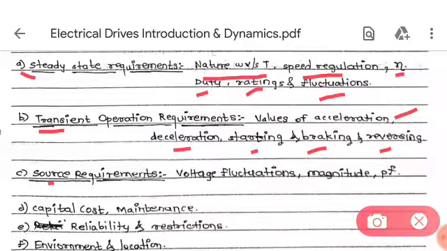Then another, source requirements. From the source point of view, voltage fluctuations, whether they are allowed, and if allowed, what could be the voltage fluctuation, its magnitude, how much voltage is required.